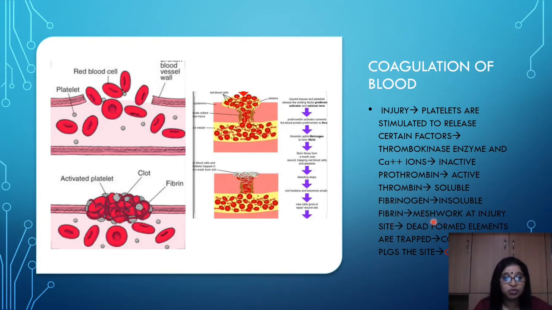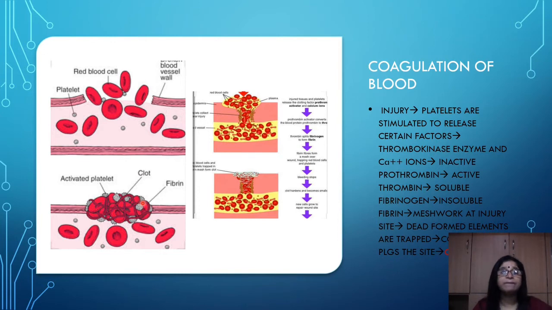So these fibers will go and form a meshwork or a network at the site of the injury. As the blood is flowing through this blood vessel, the dead elements and some of the cells will get trapped in this meshwork. And soon it will contract and will plug this site of injury. It's as if that open area is plugged, and this is called the clot or a thrombus.